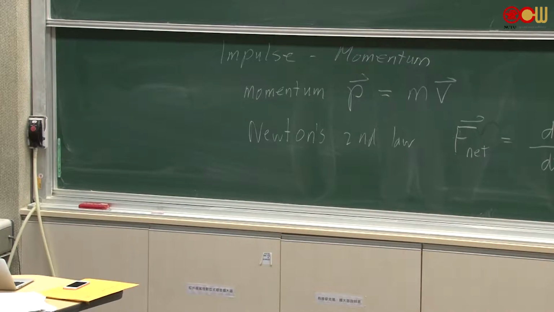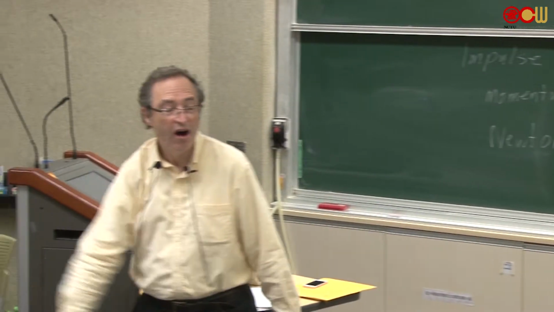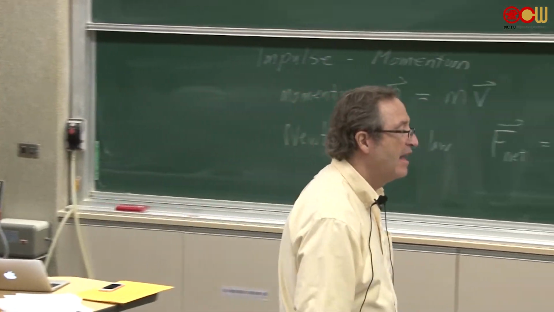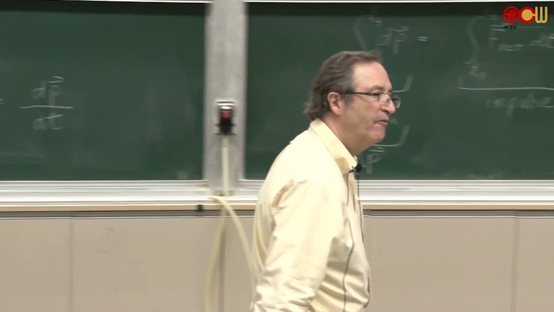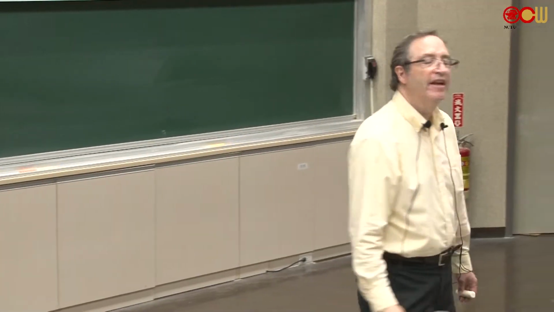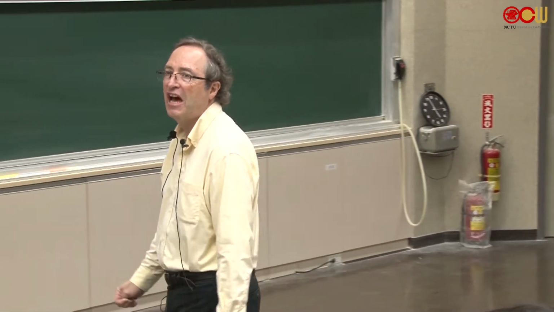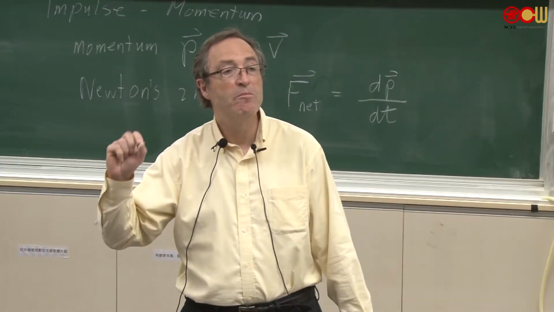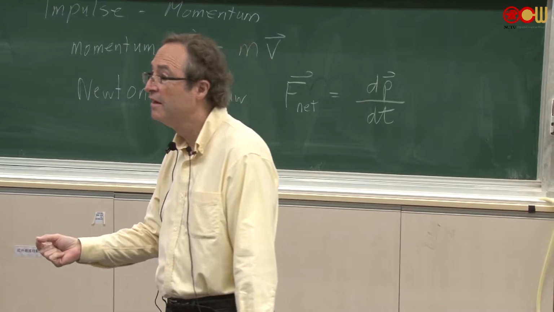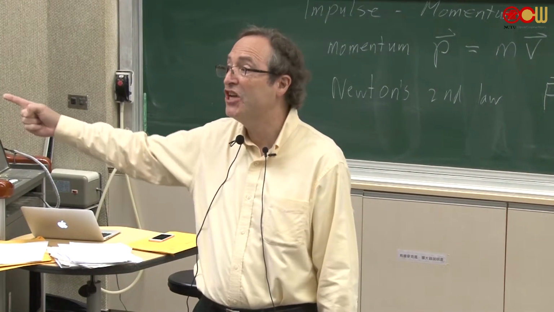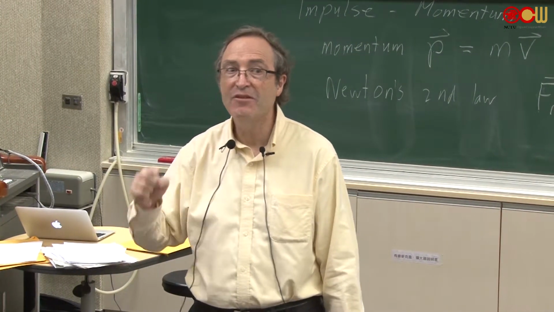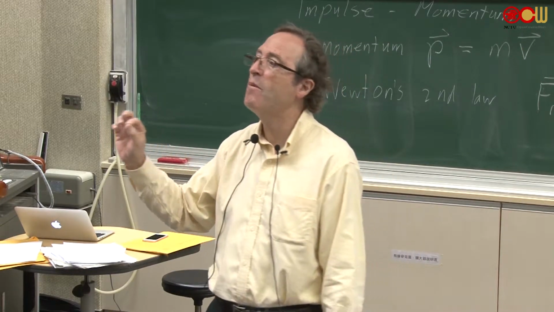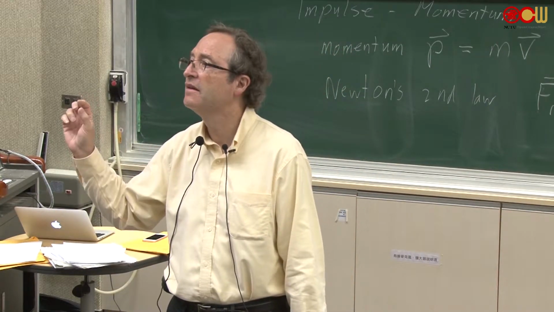Another example. If I throw a ball against the wall and the ball comes back with the same speed, if I look at the work kinetic energy theorem, I learn nothing. Doesn't tell me anything. But the impulse momentum theorem, I see that the momentum changed. Even though the speed is the same, the momentum changed. Why?